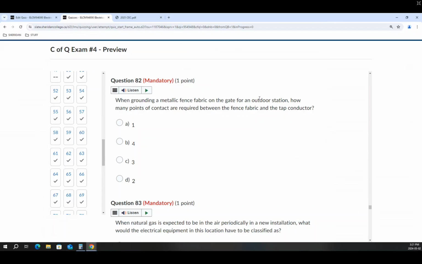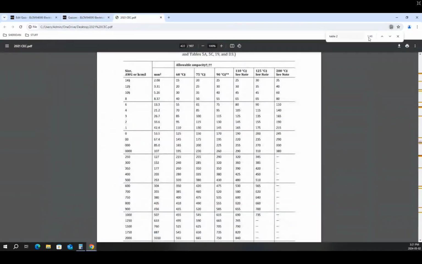82. When grounding a metallic fence fabric on the gate from an outdoor station, how many points of contact are required between the fence fabric and the tap conductor?